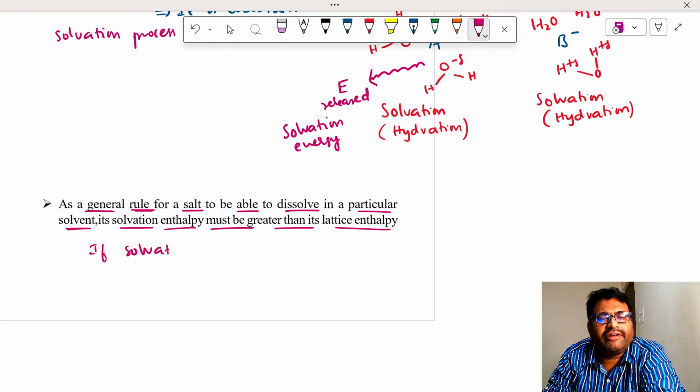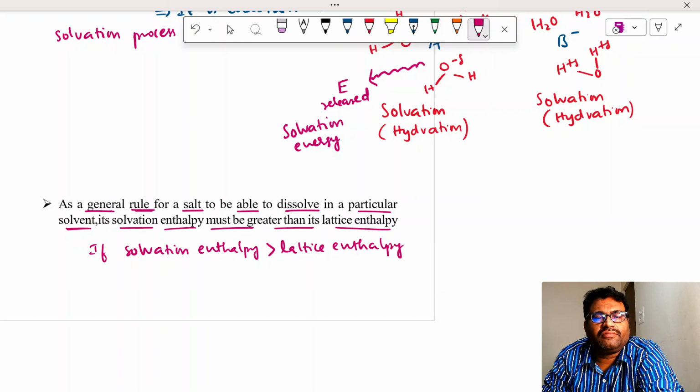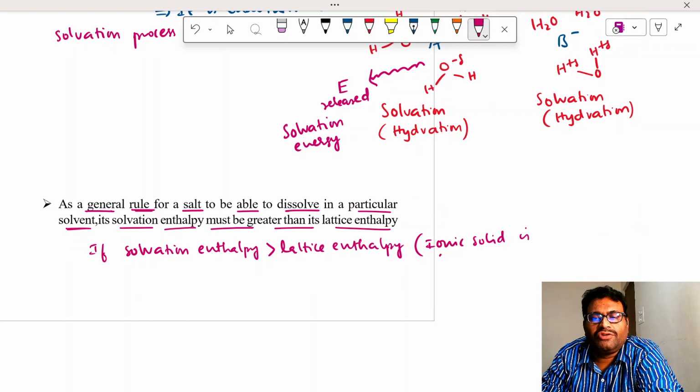we find that if solvation enthalpy is greater than lattice enthalpy, the ionic solid is more soluble.